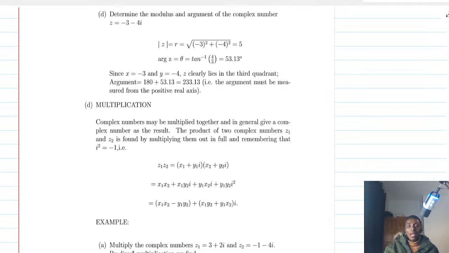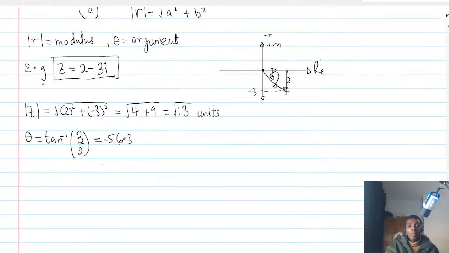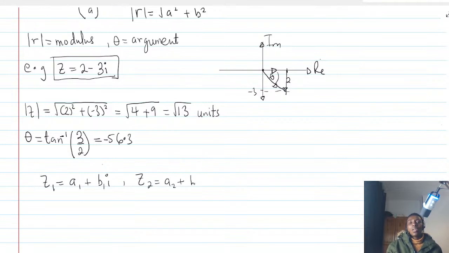So let's say that I have a complex number z1, which is a1 plus b1i, and then I have another complex number, which is a2 plus b2i. So how can you multiply z1 and z2?